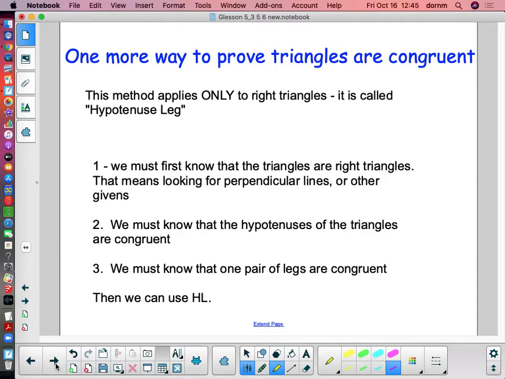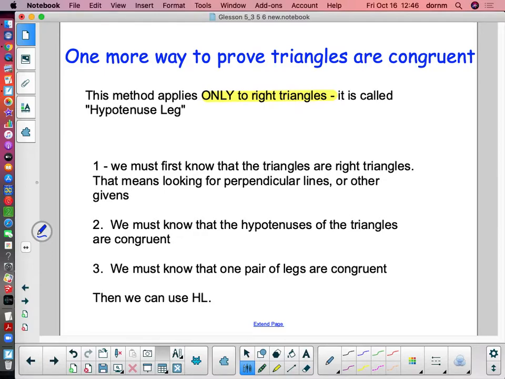There is a fifth shortcut. The fifth shortcut applies only to right triangles. Okay? Only to right triangles. It's called hypotenuse leg. Now, you're saying, wait a minute, all the other shortcuts have three parts.